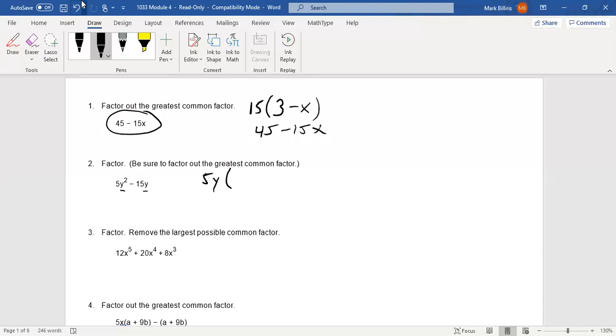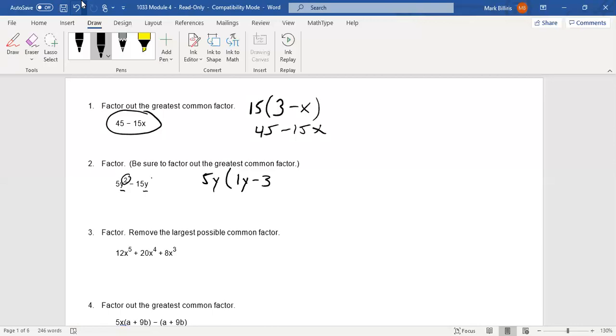So we're going to divide this out of each term. So 5y squared divided by 5y. So we look at the coefficient. 5 divided by 5 is 1. Here we had 2 y's, and we took 1 out, so that would leave us with 1 y left. Next, we'll take negative 15 divided by 5, and that gives us a negative 3.